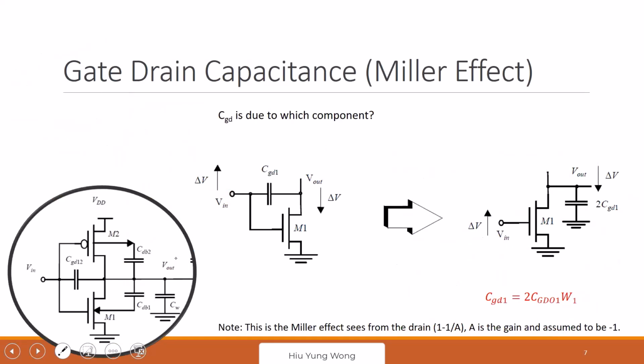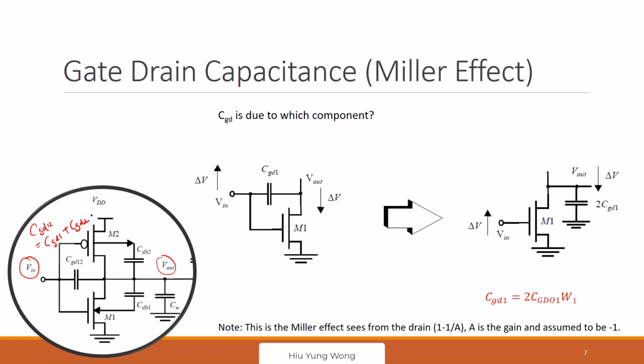Now the first thing, let's zoom into here. You see that I still have this Vin and Vout. Now my goal is to ask myself, what is CGD12? CGD12 is equal to CGD1 plus CGD2, since you have an NMOS and a PMOS.